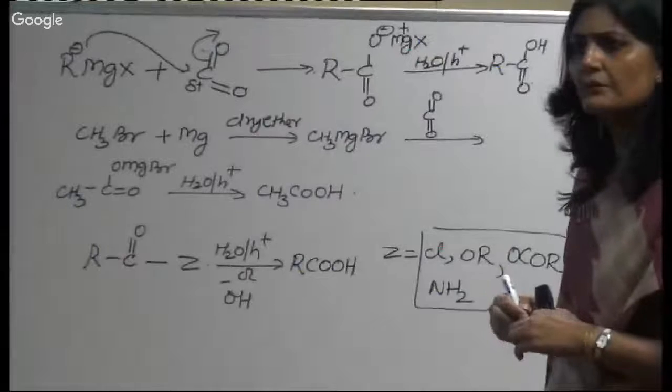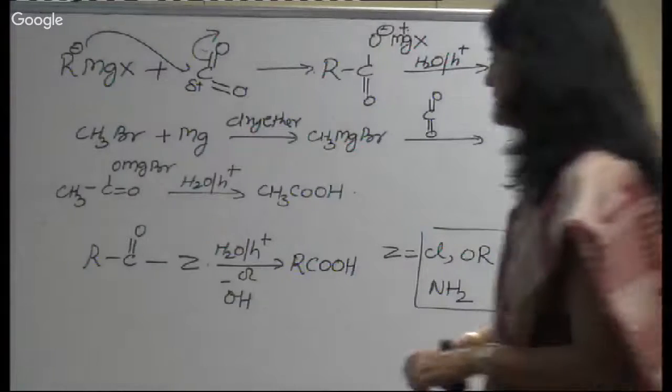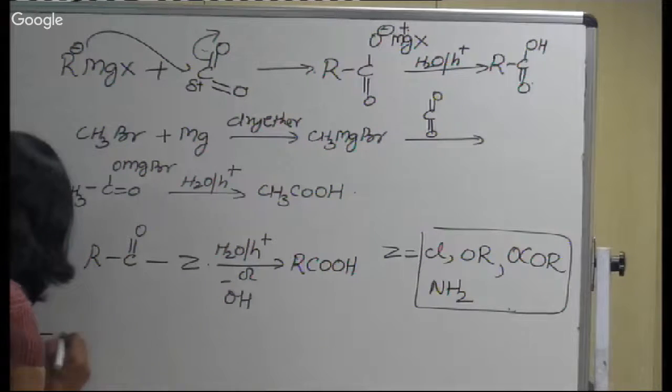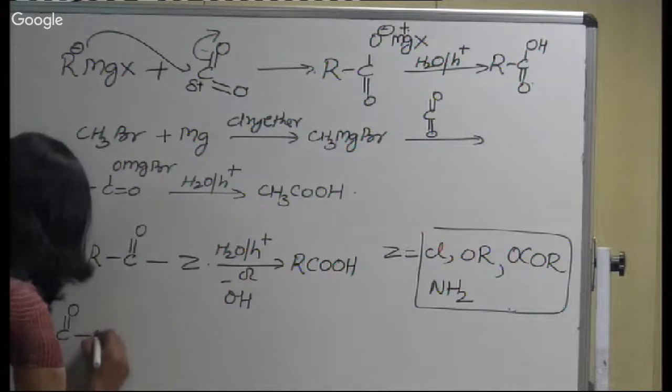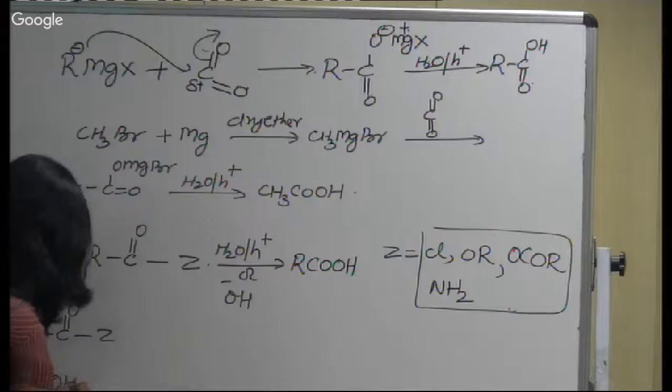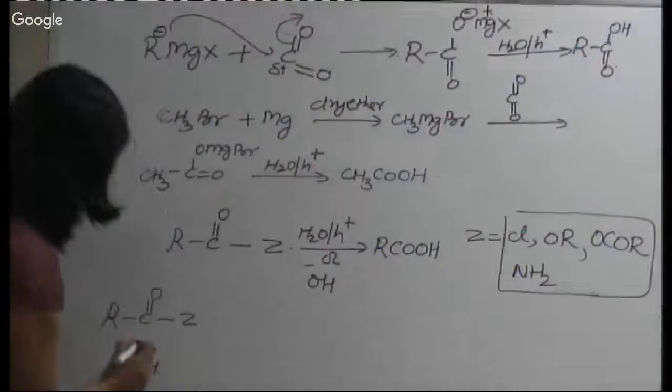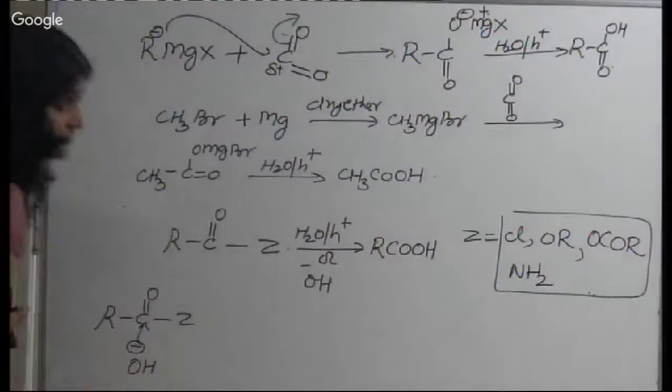Now let us see how the reaction will take place if the reaction medium is alkaline. For example, OH minus will act as a nucleophile and it will attack the electropositive carbon.